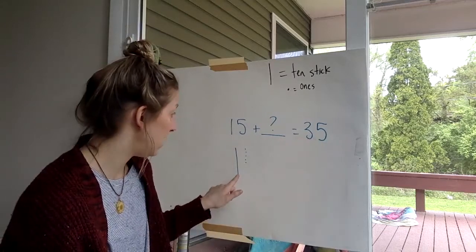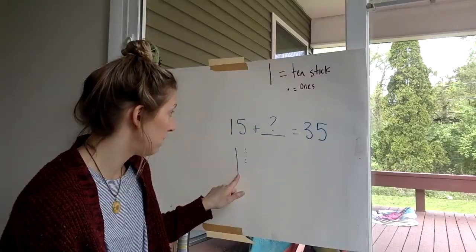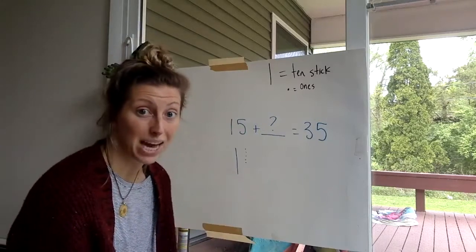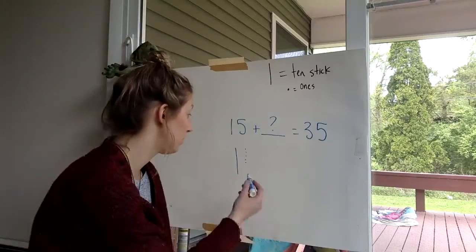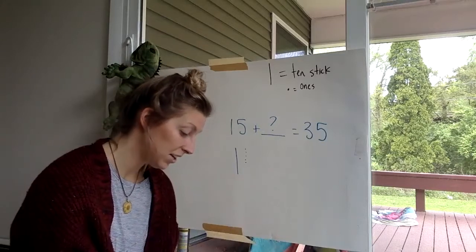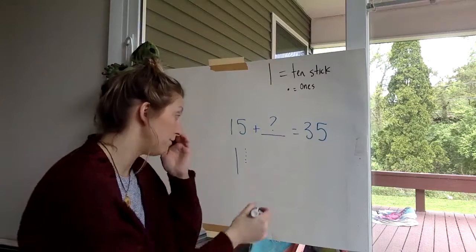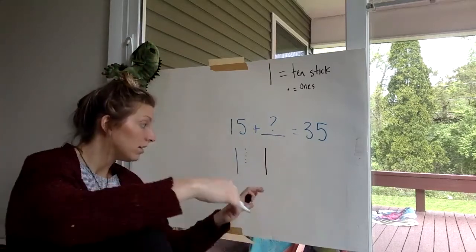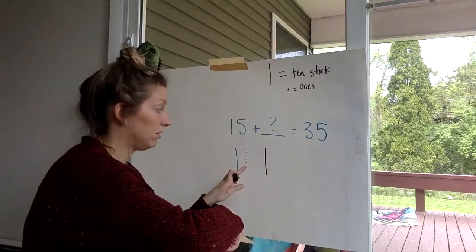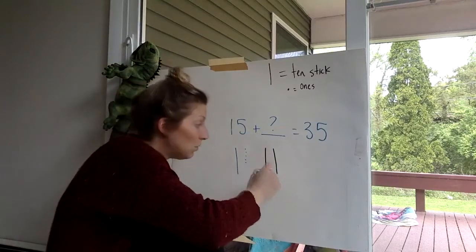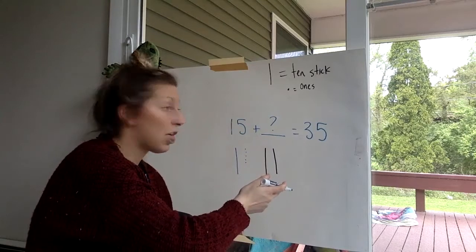So if you have 10, well, if we added another 10 stick, what would that be to this? So if I added another 10 stick, so we had 10 and 5, if I added another 10 stick, then that would be 25. And then if I added another 10 stick, it's going to equal what? 35.